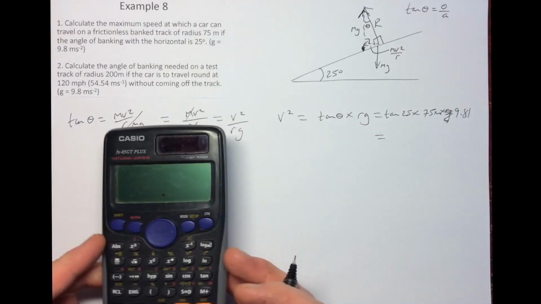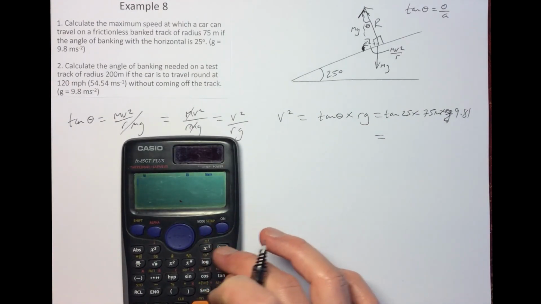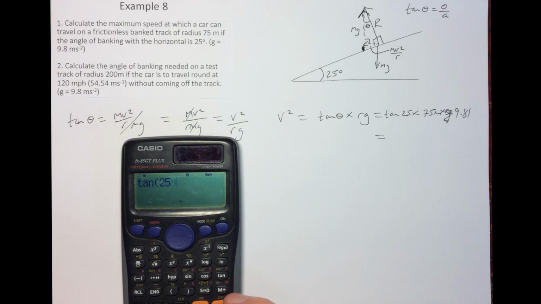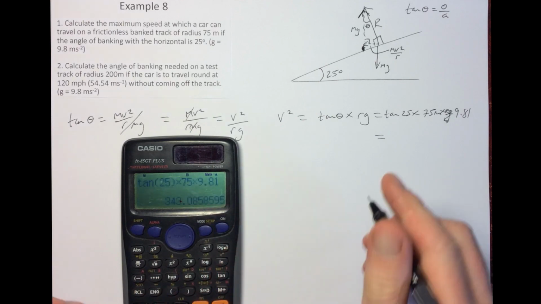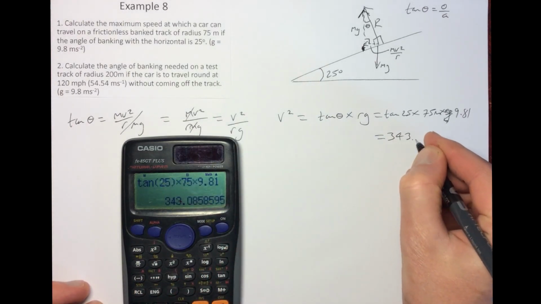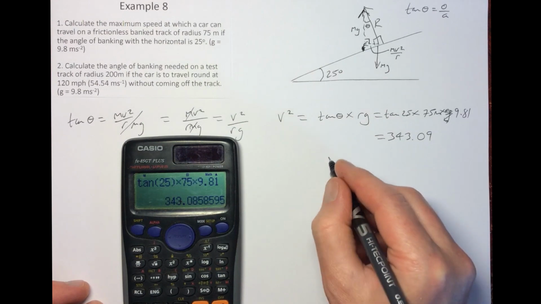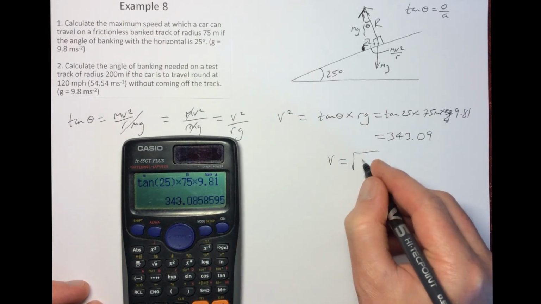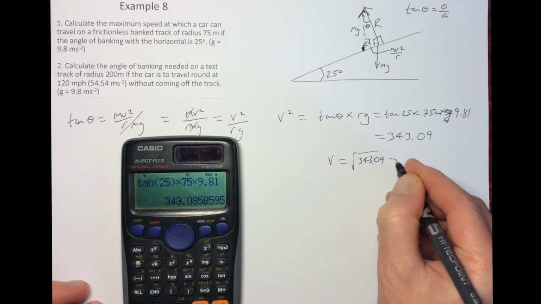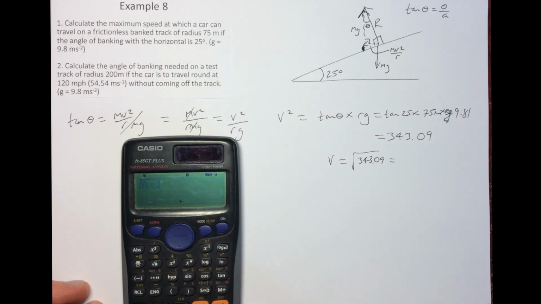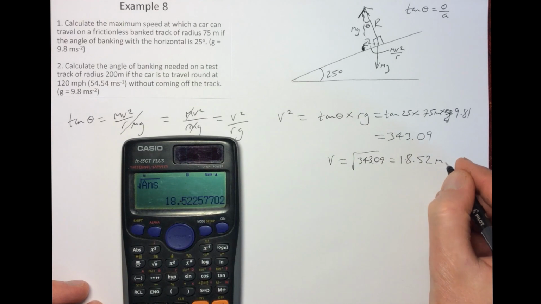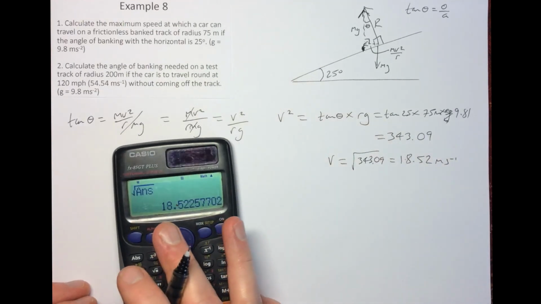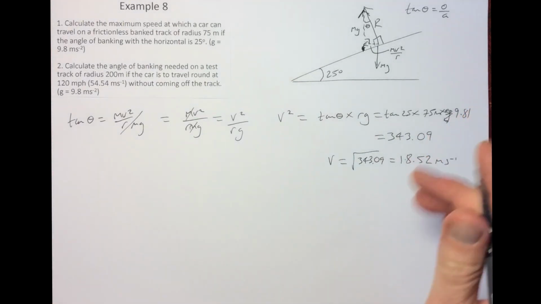So if we put that into the calculator, we get tan 25 times 75 times 9.81, and that's going to give me 343.09, and therefore v is going to be the square root of that. If we square root that, we get 18.52 meters per second. Okay, so that's the first bit done.